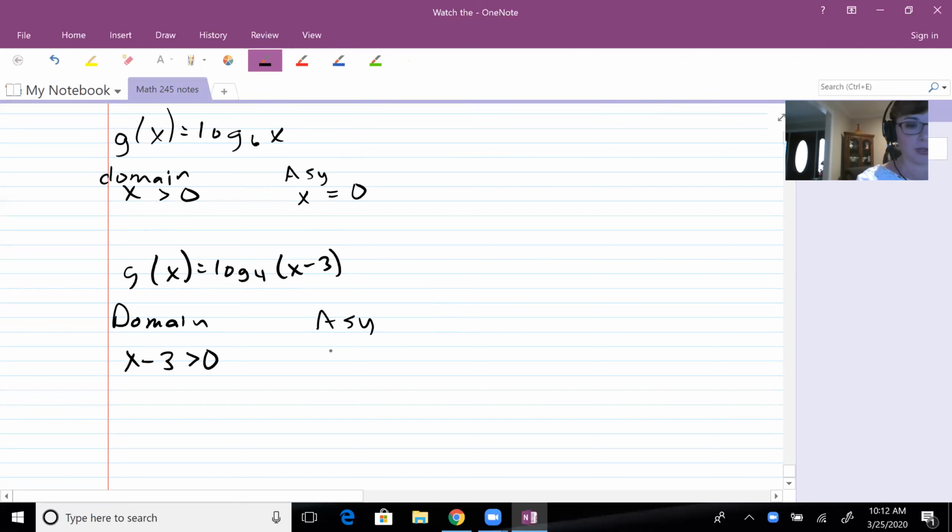And then the asymptote gets set equal to 0. So we are going to have to do some solving here. We need to add the 3 on both of those. So at x equals 3, I've got a guiding line, and I can only take the log of values larger than 3. So like 3.0001, I could do. The log of 3, the calculator would yell back at me.